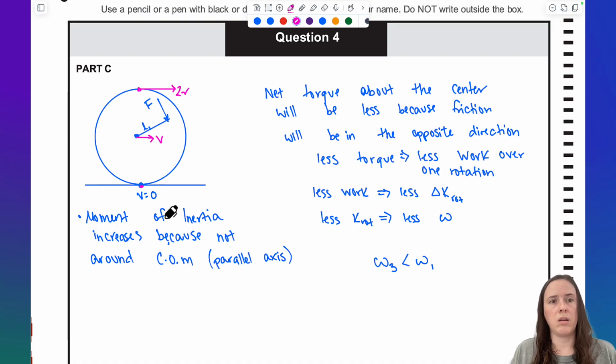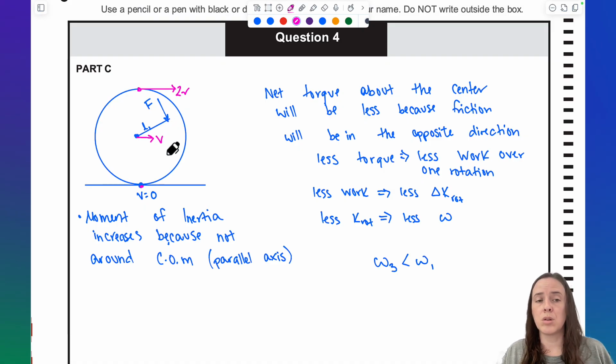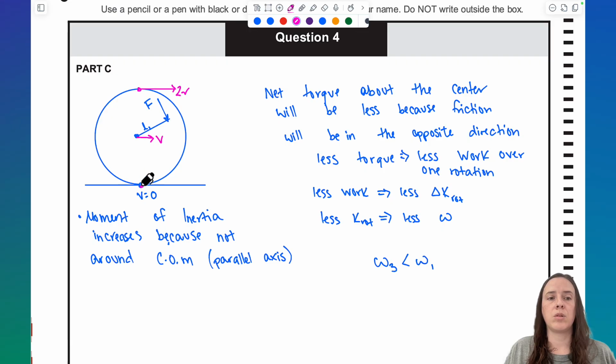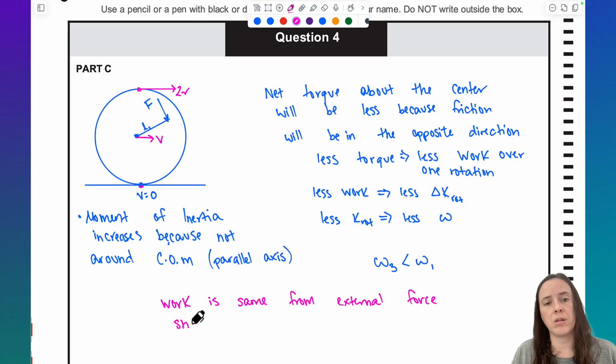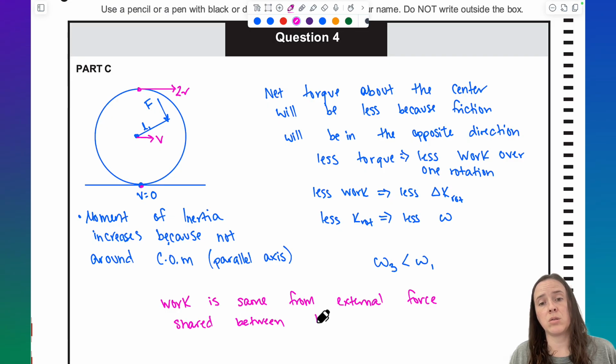So now that we have the same external force for rotating around this point, the work being done is the same from that external force, but now it has to be shared between translational kinetic energy and rotational kinetic energy.